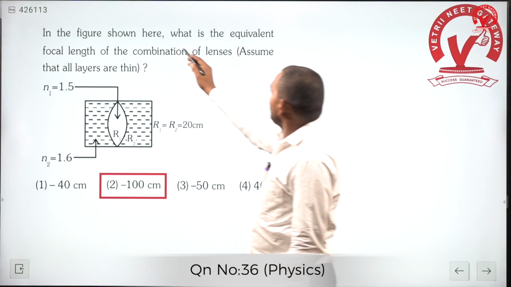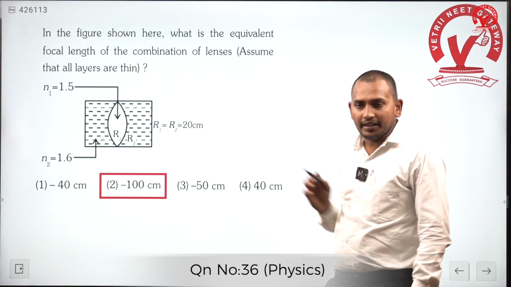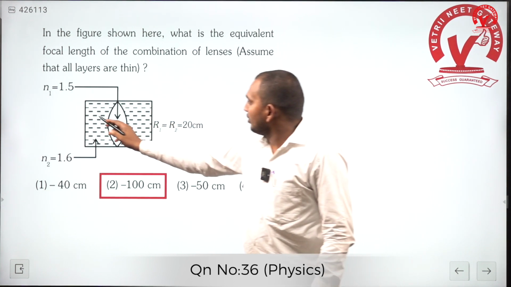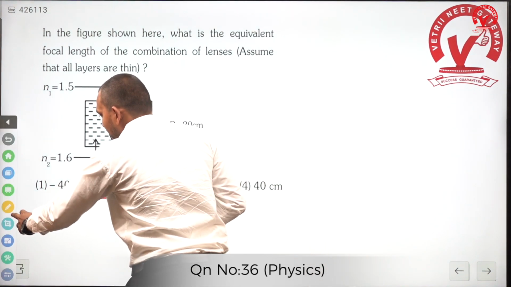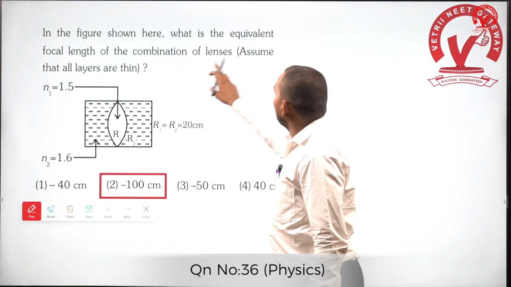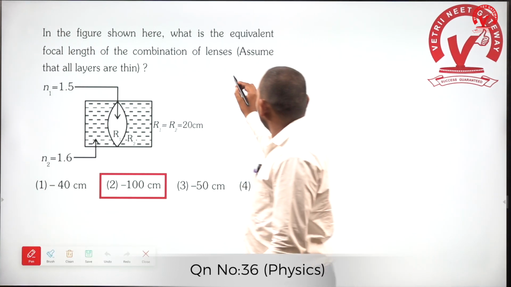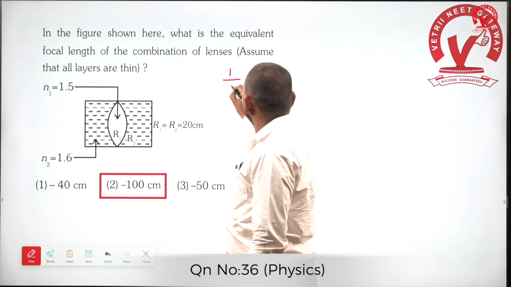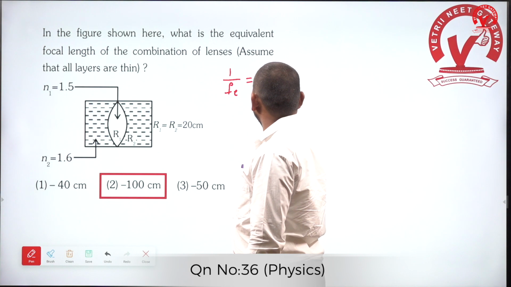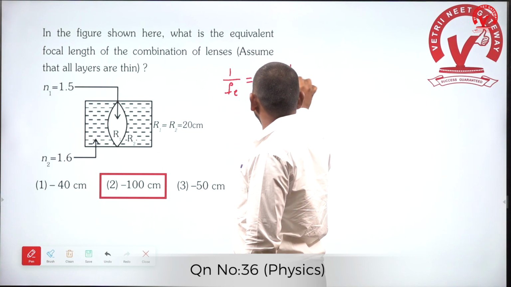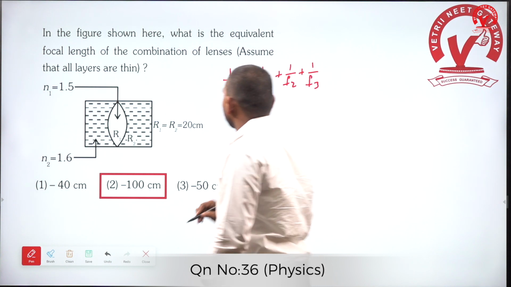In the figure shown here, what is the equivalent focal length of the combination of the lenses? Here they have given a figure. They ask to find out the focal length of the combination of the lenses. We know the basic formula for the combination of lenses. Here 3 lenses are there: 1 by f1 plus 1 by f2 plus 1 by f3.